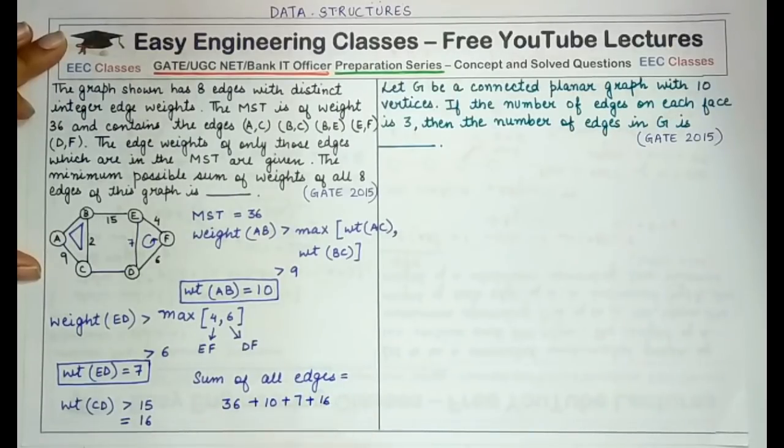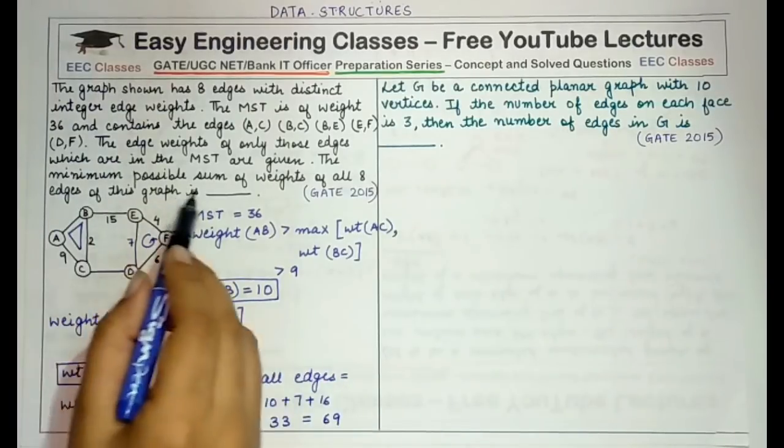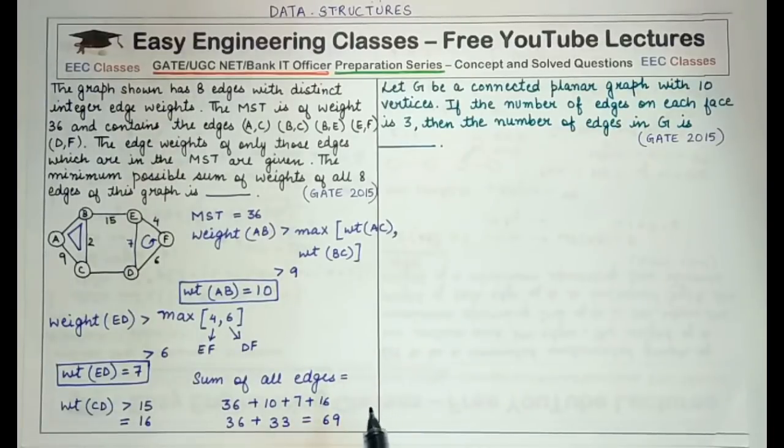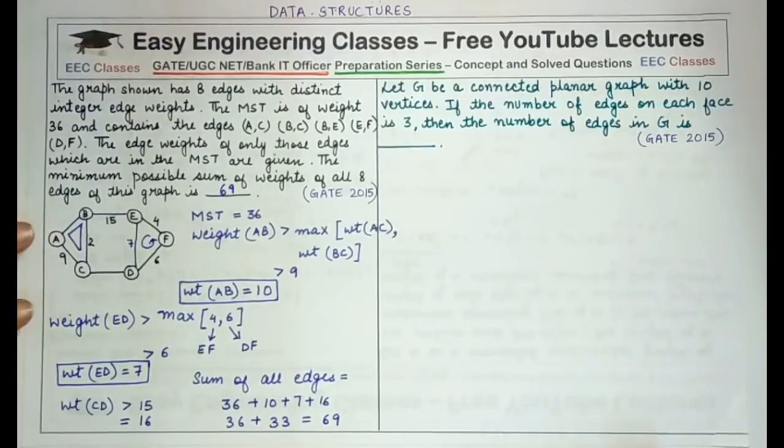So this would give you a total of 36 plus 33, and that comes out to be 69. That's how you'll calculate the minimum possible sum of weight of all the 8 edges of this graph. And you can write this answer here because it's a numerical type of question.